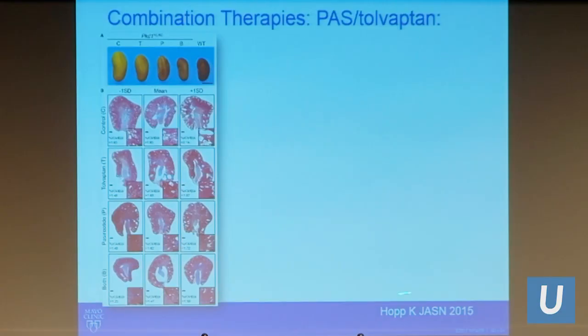So now I want to just summarize some emerging data looking at pasireotide and tolvaptan, a paper from Vicente and Katerina Hopp and our group at Mayo, looking at the RCRC mouse, looking at control, untreated, tolvaptan treated, pasireotide treated, and then both therapies given to the mouse. And there seemed to be an additional benefit in liver and kidney.